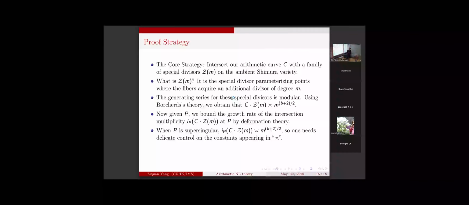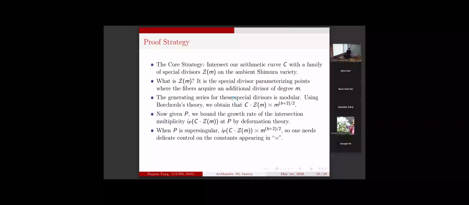I don't understand. I'm intersecting a curve with a hypersurface, with a divisor. But what happens if C is contained in this divisor, not transversely? That's a great question. That's why at the beginning we need to take the smallest Shimura variety that contains C. So then by definition we exclude the situation when C is contained in some Z_m.